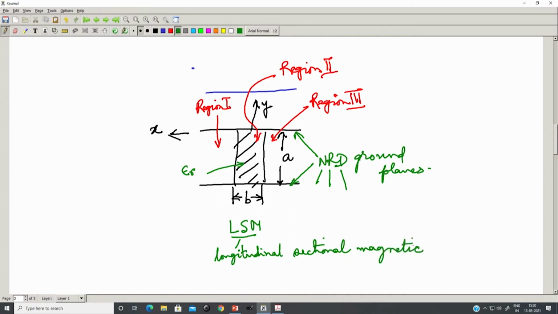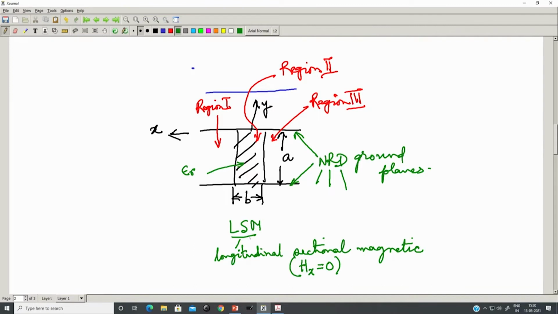This mode is characterized by the absence of the magnetic field along the x direction. So, therefore, the normal component of the magnetic field which is normal to the dielectric strip is 0. In other words, the magnetic field is totally tangential to the dielectric air interface. Therefore, we can say that the magnetic field is totally confined or contained in the YZ plane.